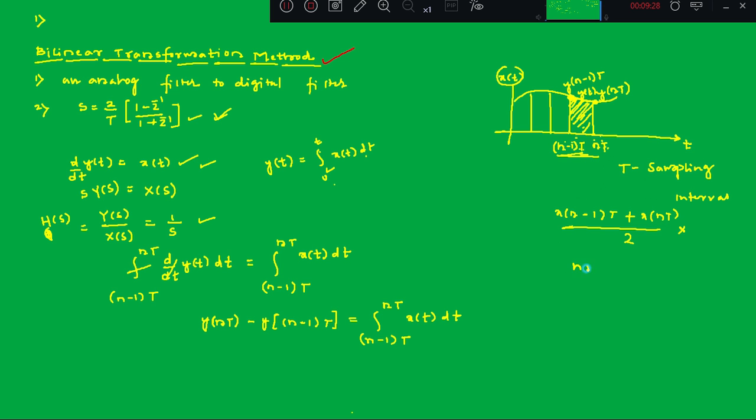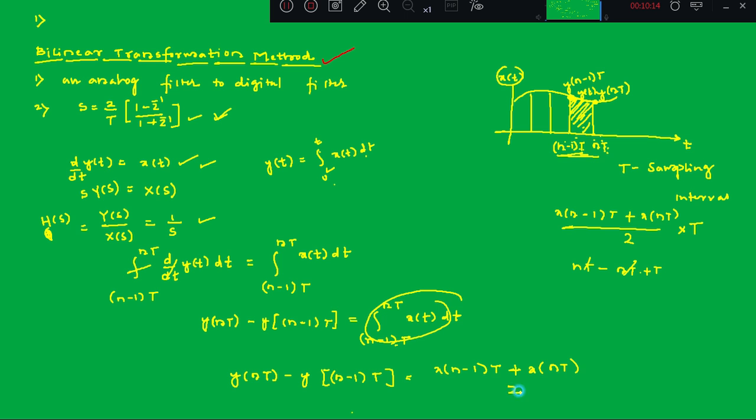So if you take nT minus (n minus 1)T, minus of minus is plus, so this one and then this one will get cancelled, so you will get plus T. So the area under this x of t between these two limits is given by the mean height between these two intervals multiplied by the width, that is capital T. Therefore y of nT minus y of (n minus 1)T is equal to x of (n minus 1)T plus x of nT divided by 2 into capital T, right?